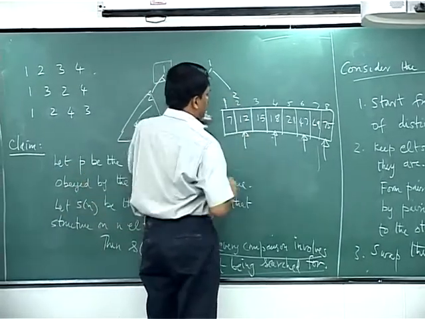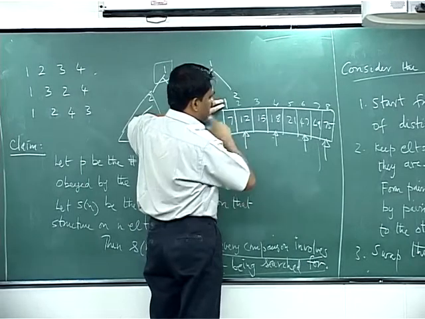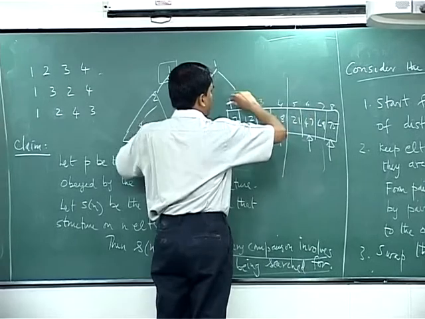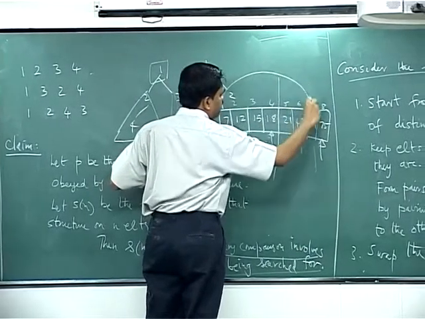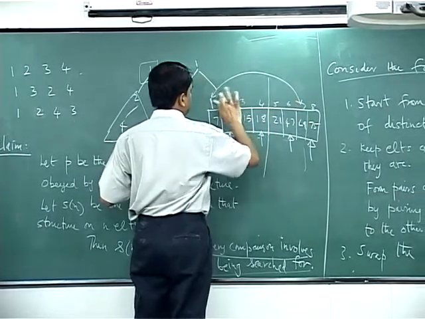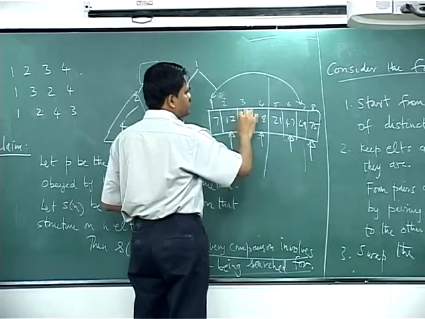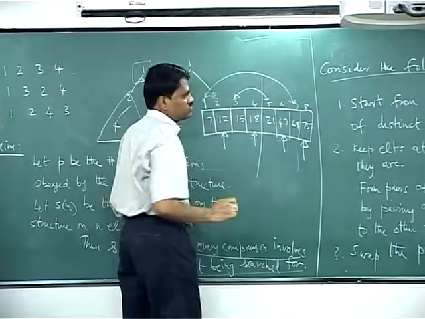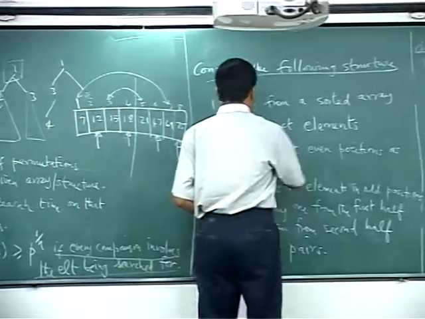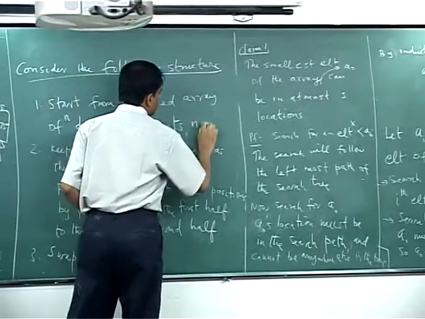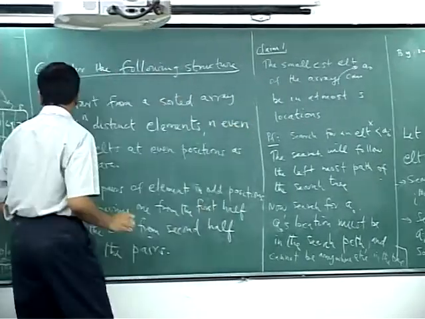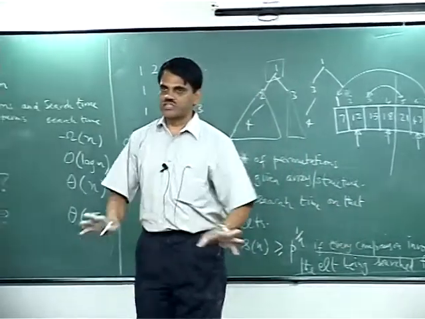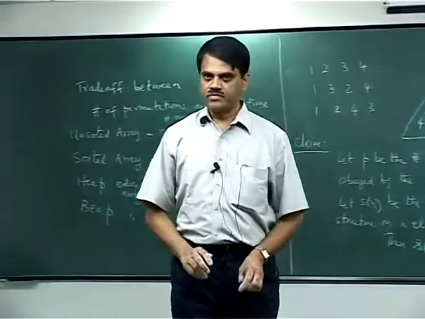So 1 is an odd position, and it is paired with some odd position element in the second half. So 1 is probably paired with 7, and 3 is paired with 5. So there are n distinct elements and n is even. I find these pairs, which are all disjoint, and then I swap the pairs.